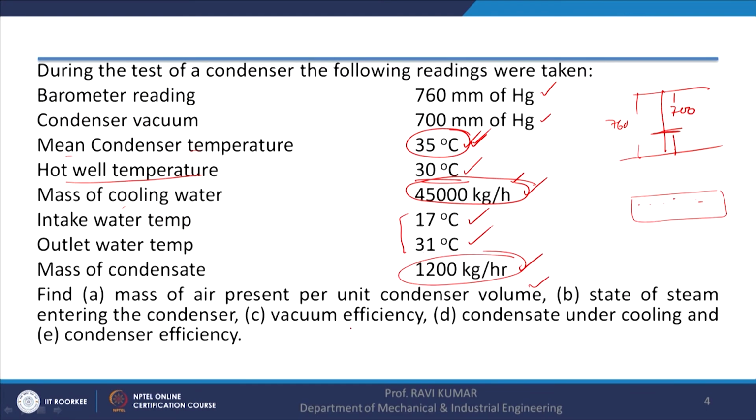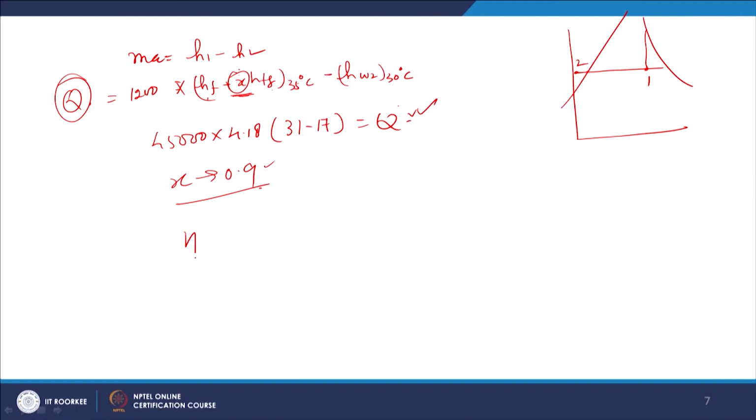Once the value of x is known, the next is we have to estimate the vacuum efficiency. If there is no air, vacuum efficiency is 100%. When there is air, then the total pressure in the condenser is the sum of the partial pressure of air and the partial pressure of water, right. So in this case, the vacuum efficiency is going to be equal to 70 divided by 76 minus 5.029, into 70 divided by 76, divided by 101.3.